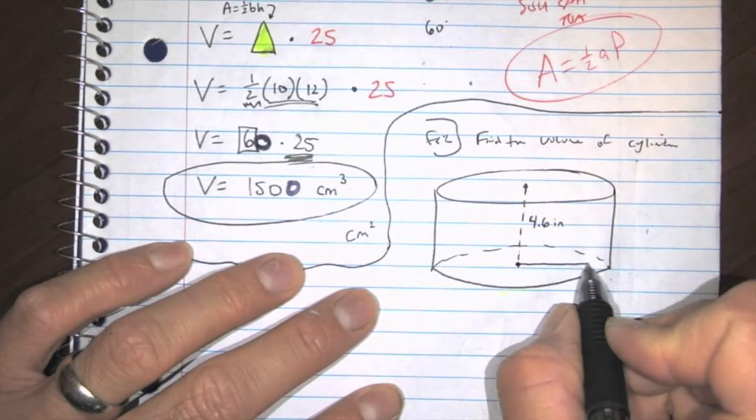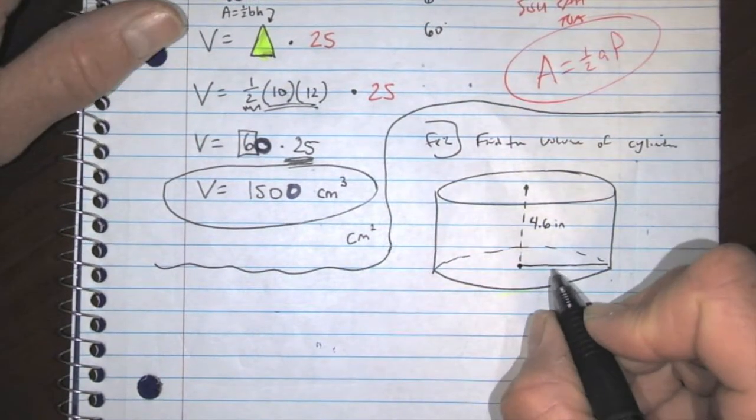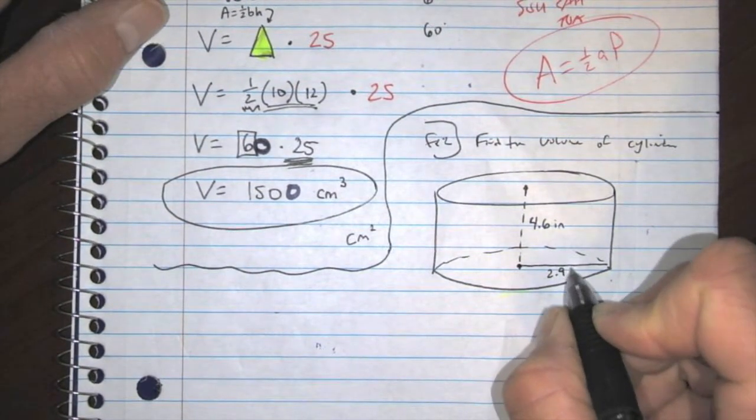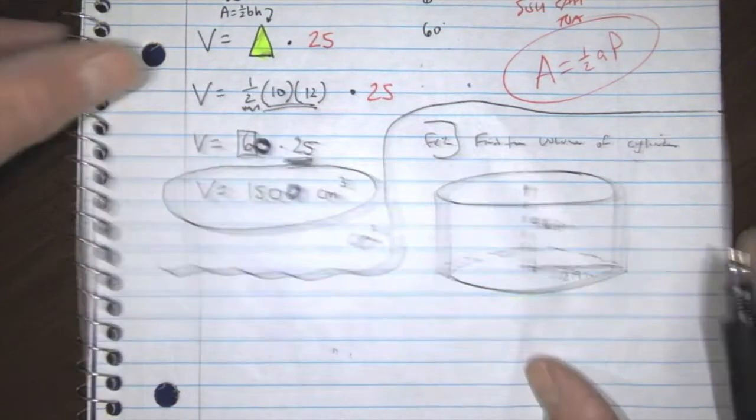And let's say that the radius of that cylinder is 2.9 inches. And let's do this. Find the volume. All right, volume here.